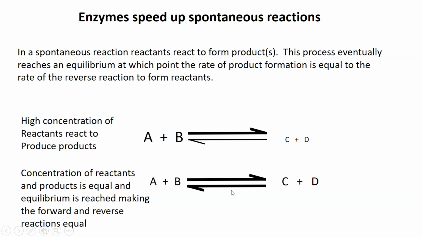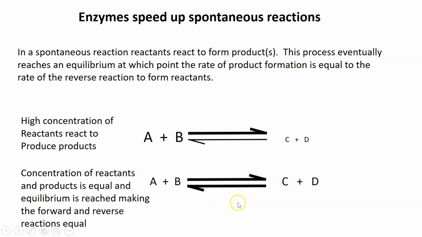Now you can think of this as what would happen in the absence of enzymes. In the presence of enzymes, you can also speed up reactions, in things like carbonic anhydrase.